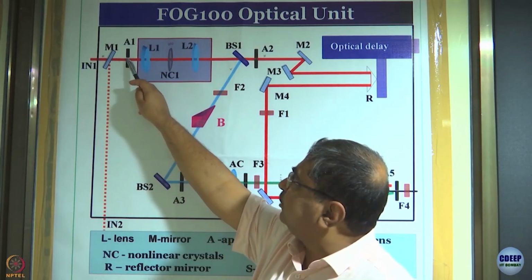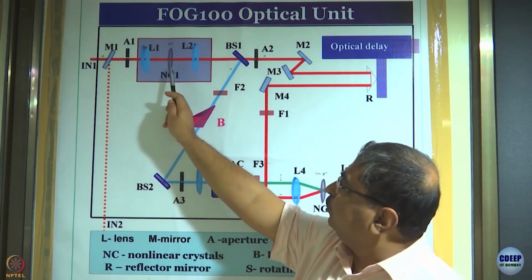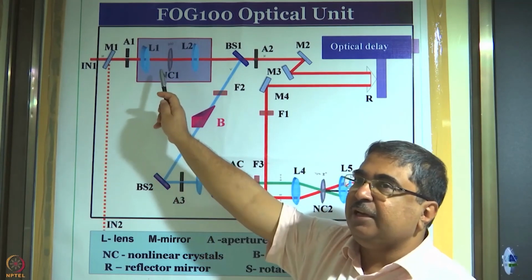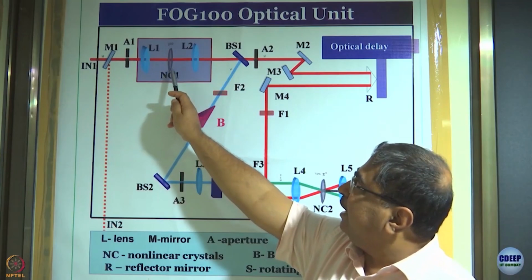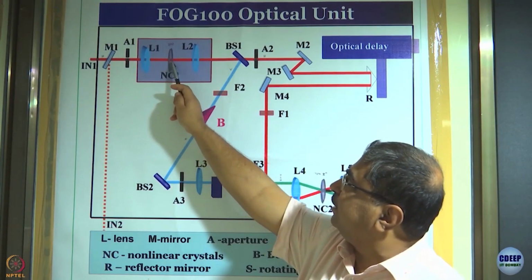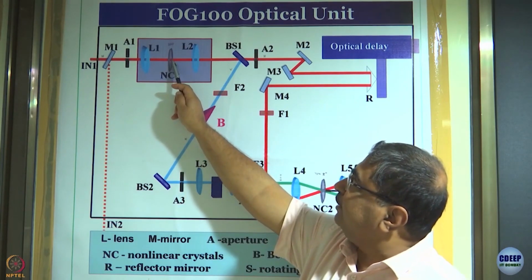This light source passes through an aperture and is focused by this lens L1 onto a nonlinear crystal NC1. Here we typically use a beta barium borate, BBO, crystal. By focusing the red light onto the nonlinear crystal 1, second harmonic generation takes place and you generate blue light.